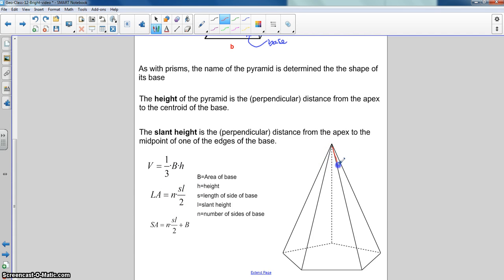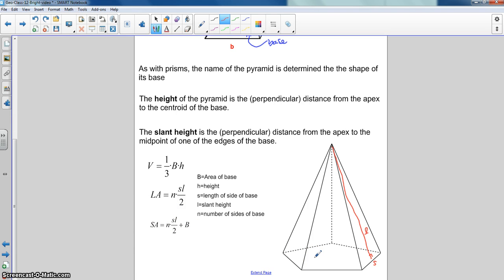So I find the area of this triangle: this would be the side length, and this would be the height of that triangle, L. So I'd do 1/2 times the side times the slant height, or slant height times the side of a triangle divided by 2. Then however many sides I have for the base, I multiply by this quantity to determine lateral area. Surface area is then the same thing plus the area of the base.